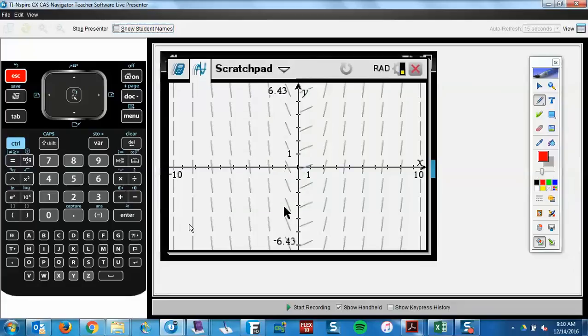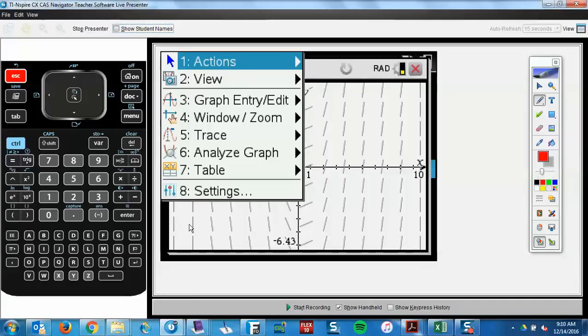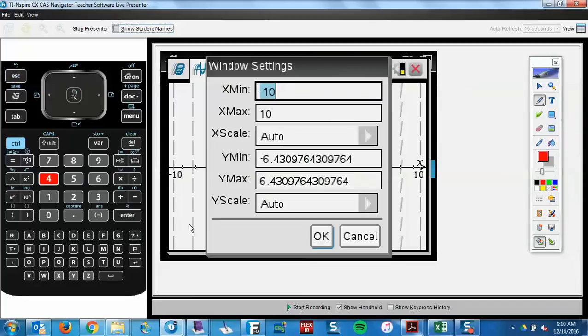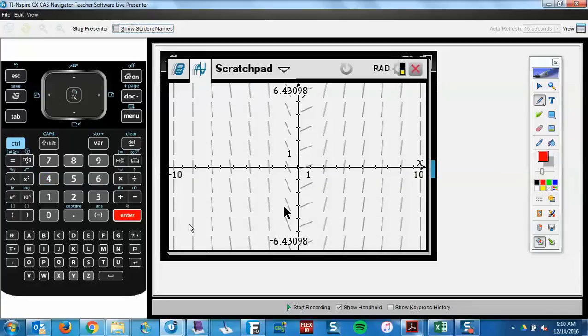Let's change the window. Go to menu, window, standard. That is standard. That's not very good. I don't see a parabola there quite as much.